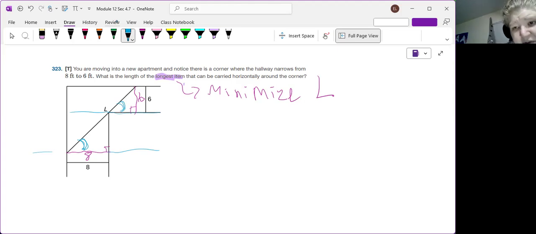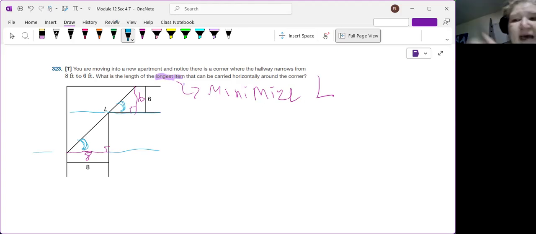Even when L pivots, my 8 moves up some, my 6 will move down the hall some as it pivots, or vice versa. But those two angles will stay the same. They're equal to each other. What size they are will change, but the fact that they are equal to each other will remain the same.